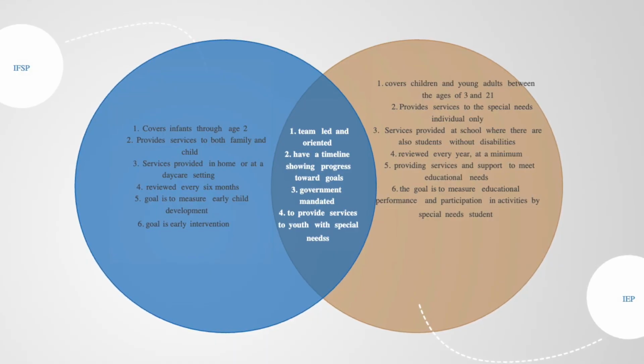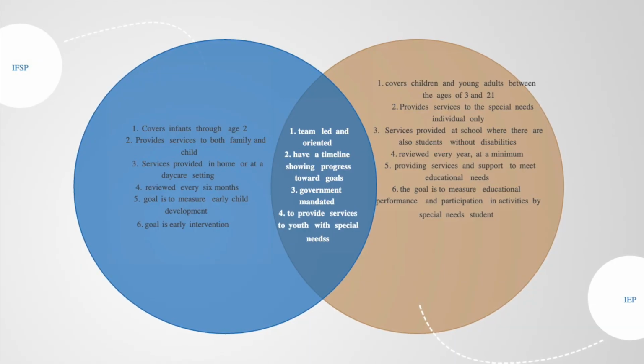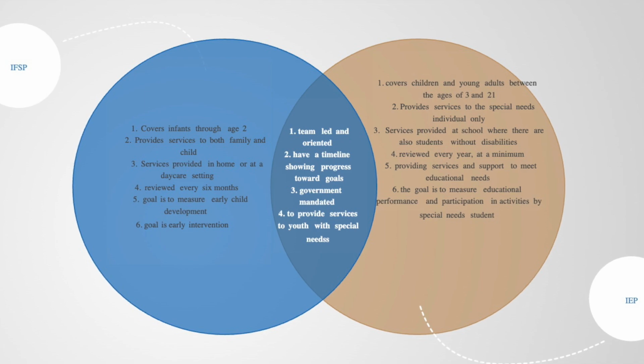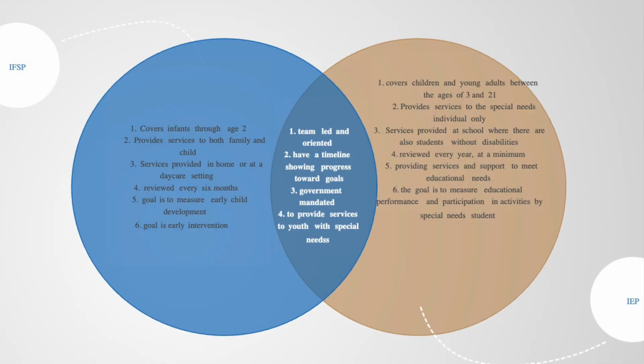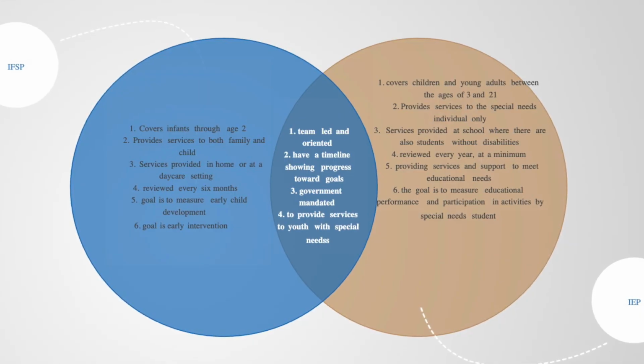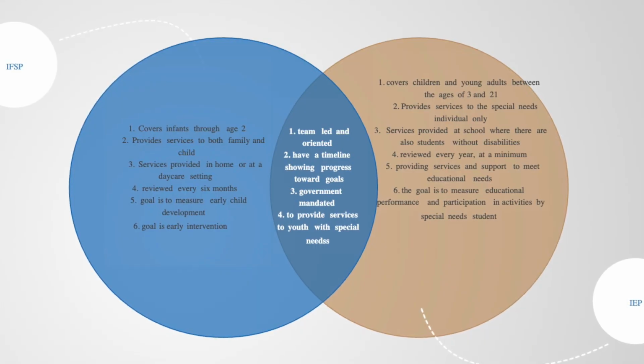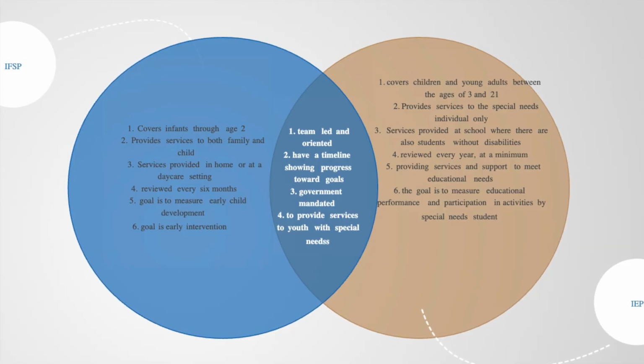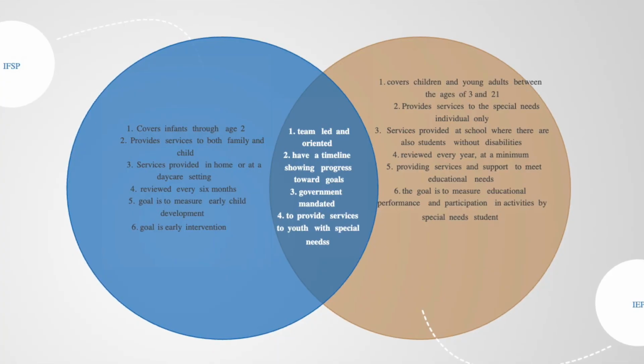It's also important to note that the IFSP is reviewed every 6 months and the IEP is reviewed every year, although that's just a minimum. Meetings and such happen throughout the year, of course, but in terms of reviews and formalities, one service is every 6 months and the other is yearly.